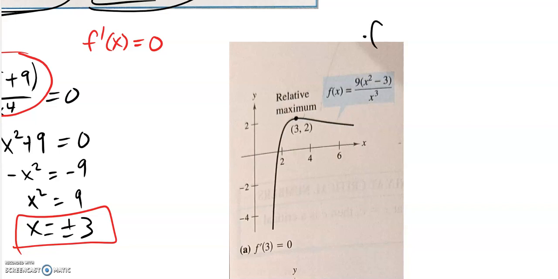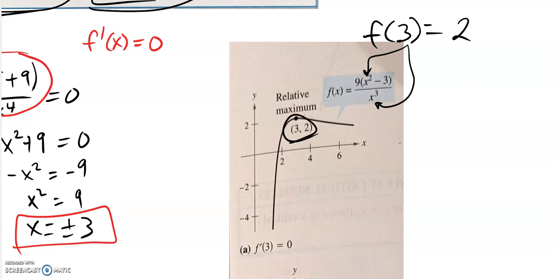So we're going to plug 3 into the function right there. And when you plug that in, you end up getting y is equal to 2. So you plug 3 in for x there and there, and you end up getting 2. Right, so then (3, 2) is our relative maximum.